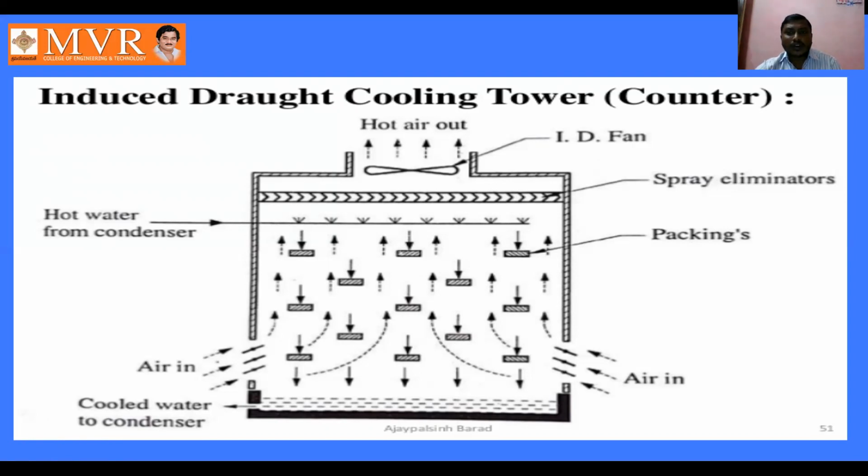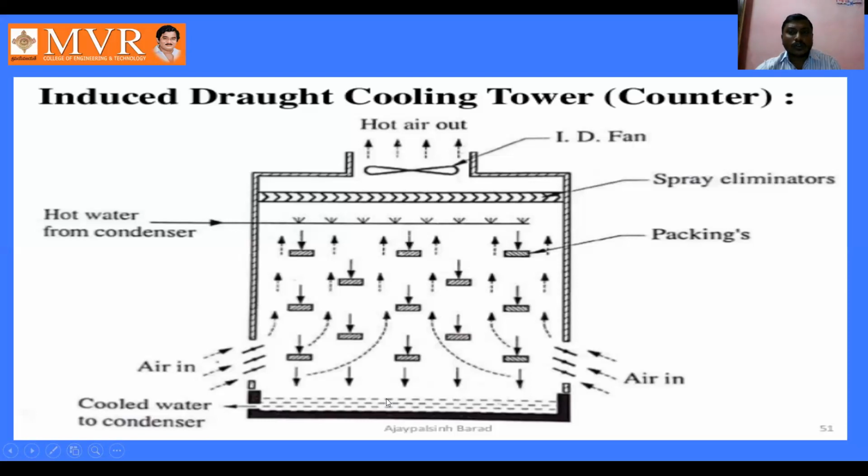From the water, the heat is transferred into the air, and some of the water is converted into water vapor. With this air, the water vapor is taken out as hot air into the atmosphere, and the remaining water is collected in the collecting tank, and again it is circulated into the condenser for reuse, as cold water.